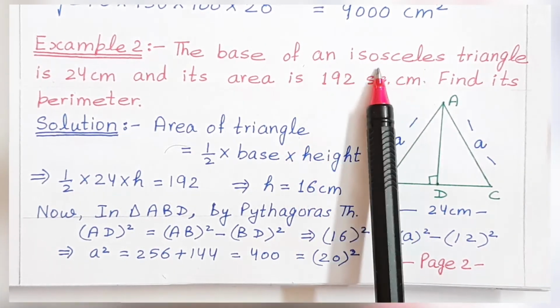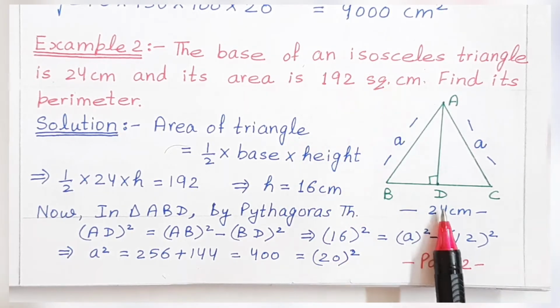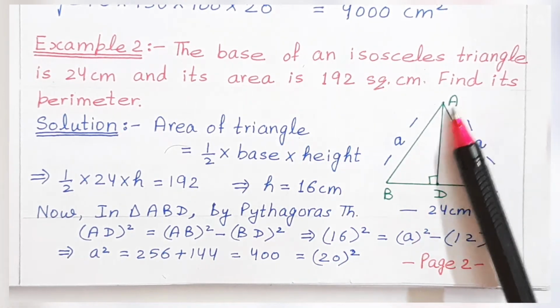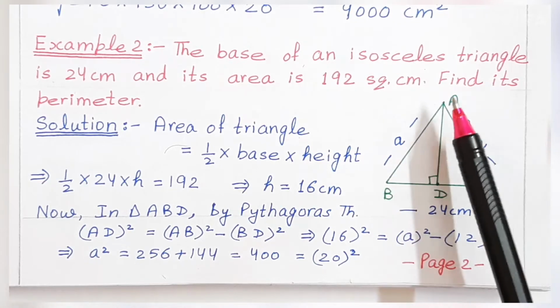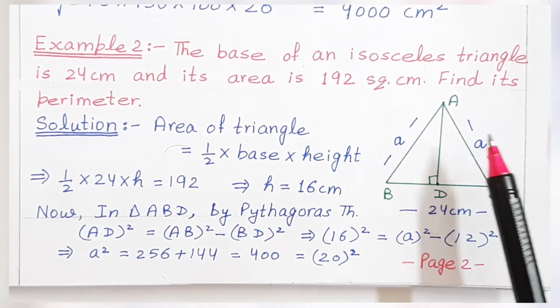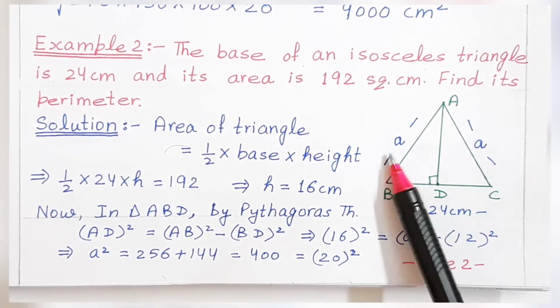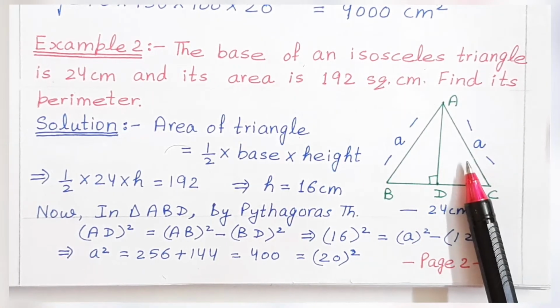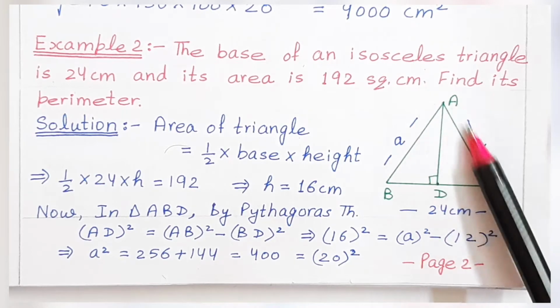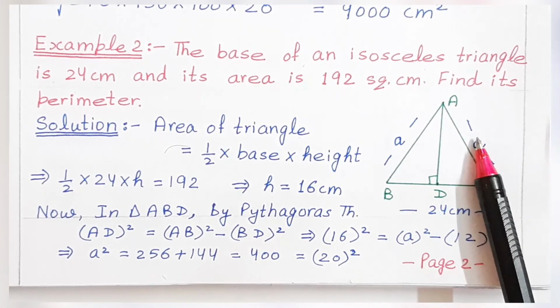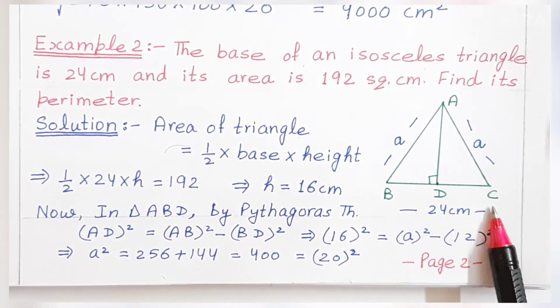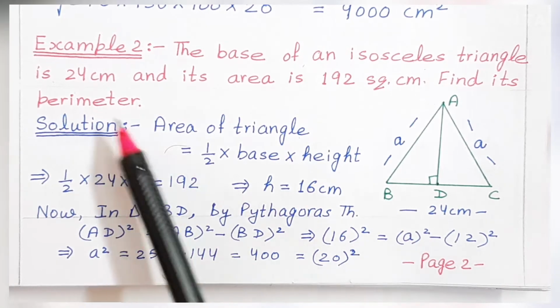Now since it is an isosceles triangle, therefore let AB is A units, and AC, the side AC is also A units. Clear? Or you can take X also. So AB and AC are the two equal sides and BC is given to us as 24 centimeter.